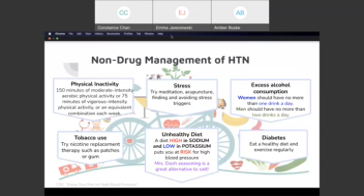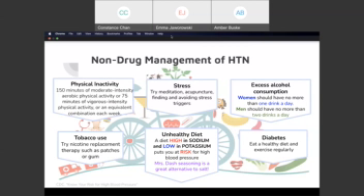For non-drug management of hypertension, it is recommended that you get at least 150 minutes of moderate intensity aerobic physical activity or 75 minutes of vigorous intensity physical activity or an equivalent combination each week. For stress, you can try meditation, acupuncture, finding and avoiding stress triggers.